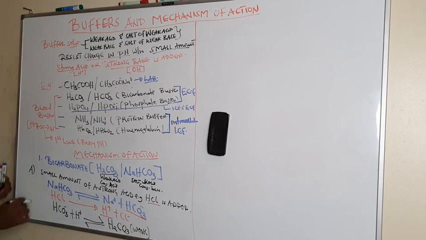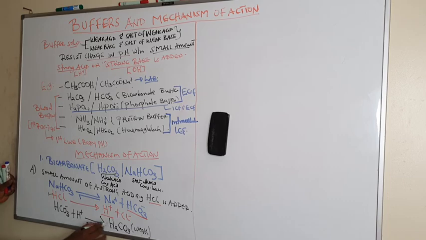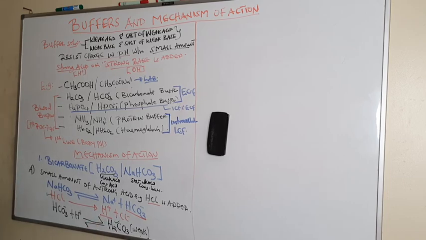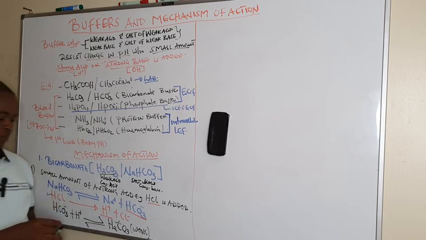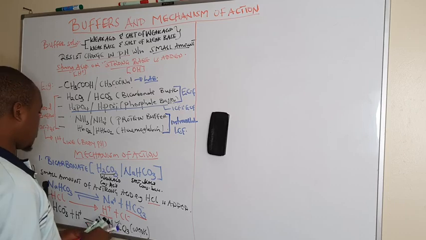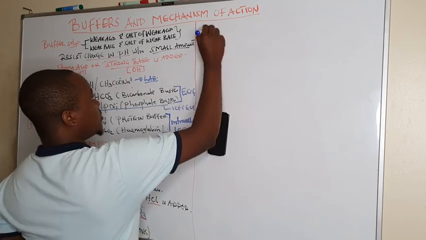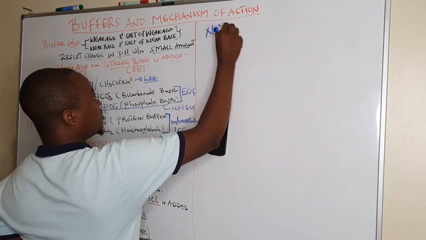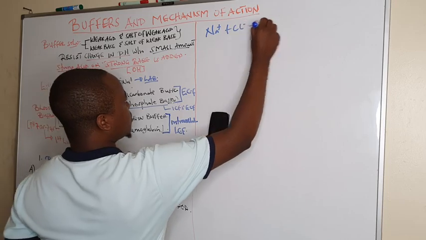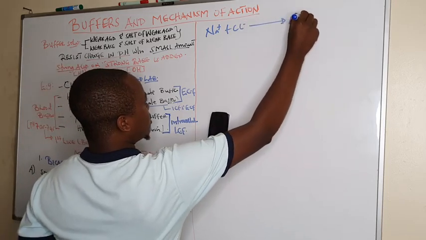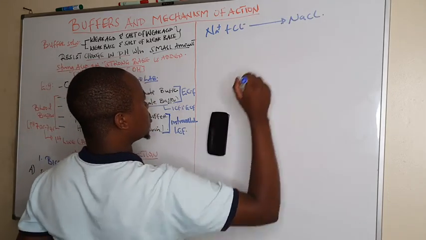So we are able to replace a strong acid with a weak carbonic acid. Then the sodium which was formed reacts with the chloride to form sodium chloride.